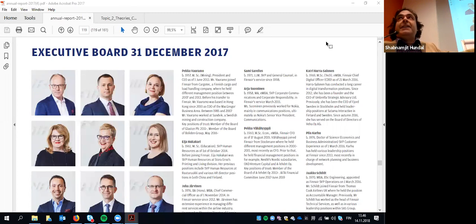The board of directors means executives and non-executives, and then they have a small CV. So based on that, you can find out which are the potentially good or the potentially bad things about these people being in the company. If they're good things, we see them from the lenses of resource dependence theory.